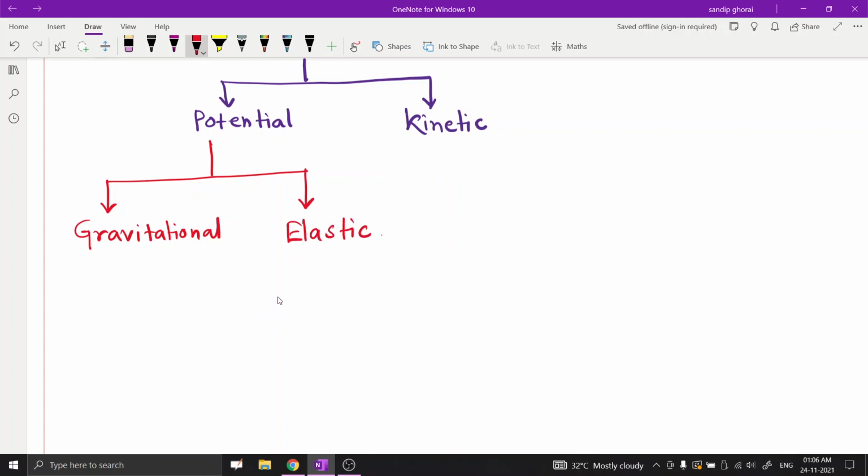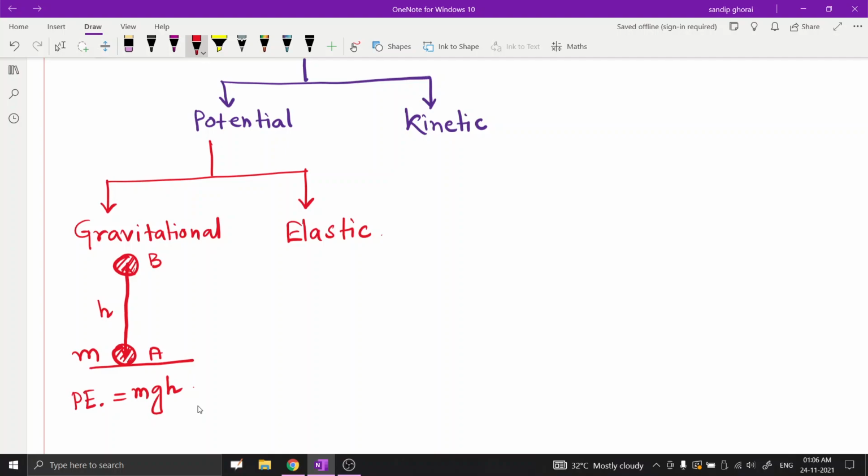Okay, what is gravitational potential energy? If we take a body or ball whose mass is m, and this ball is taken to a height h from the ground surface, or we can say the ball is moved from point A to point B, then the gravitational potential energy is equal to mgh, because here the force is mg, that is the weight of the body, and the displacement is h.